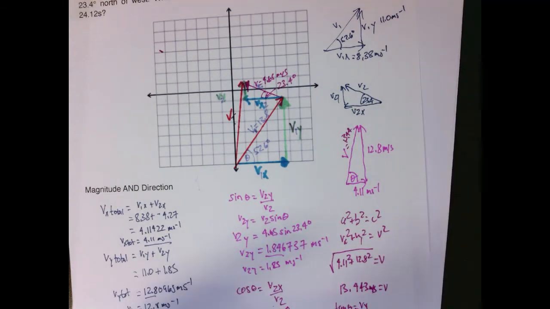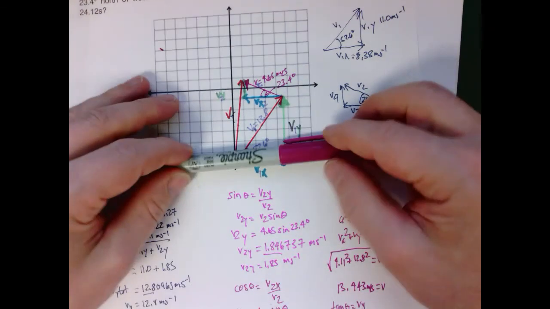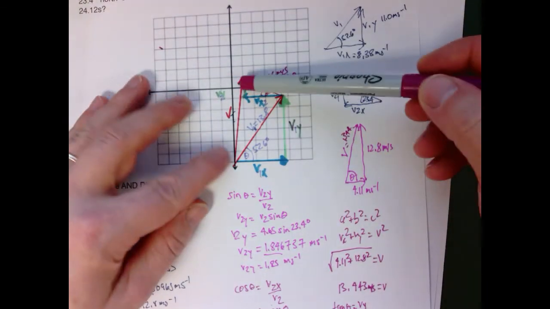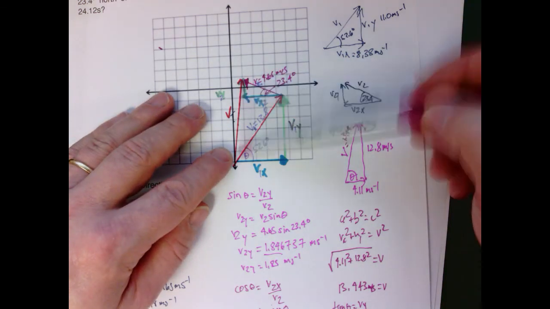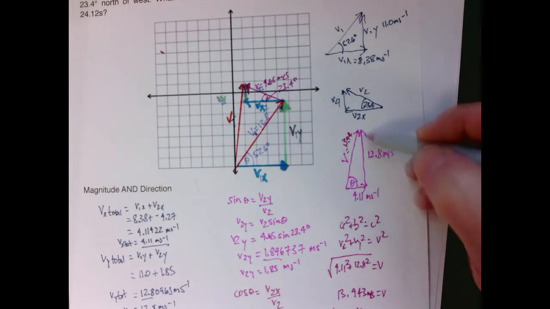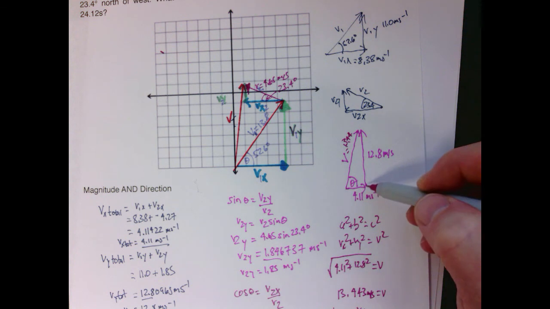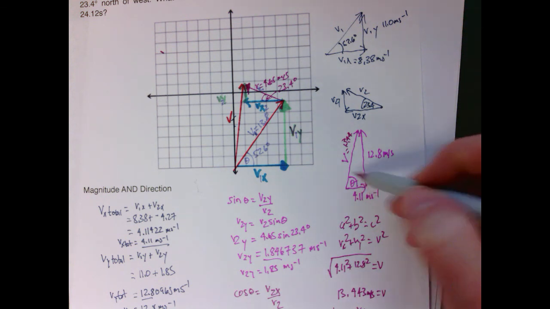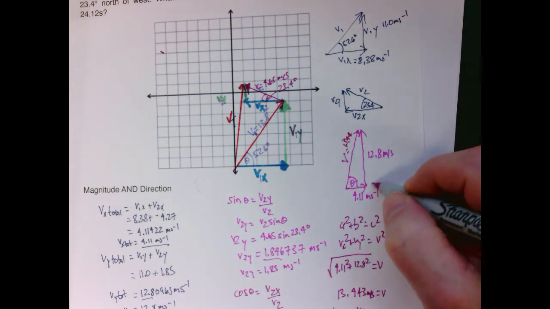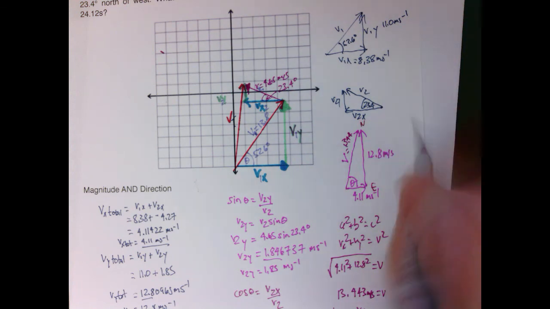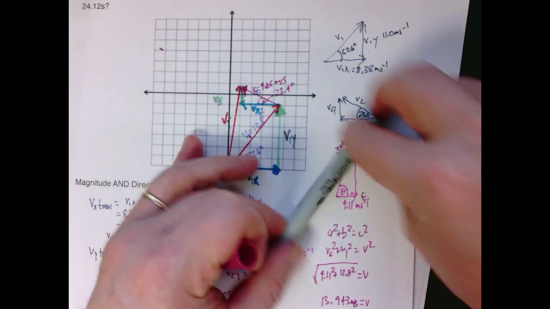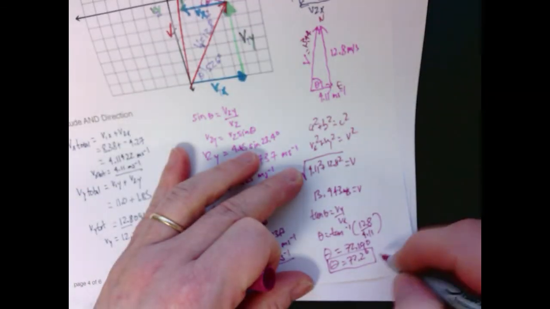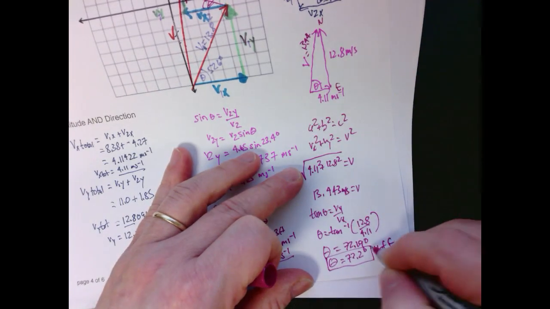Now looking at the angle in our drawing, this has a vertical of 12 and a short horizontal, so this angle is going to be big, 72.2. Well, this is the easterly direction, and that's the northerly direction, so we're looking at north of east. So 72.2 degrees north of east.